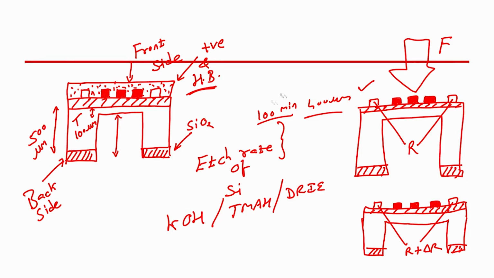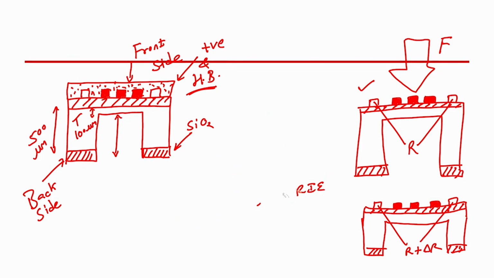Now, once you have that, then what you have to do? Then you have to strip off the photoresist. So, I will take out this wafer and I will dip this wafer in acetone. When I dip this wafer in acetone, what would I have?